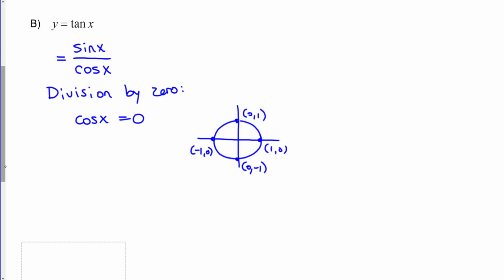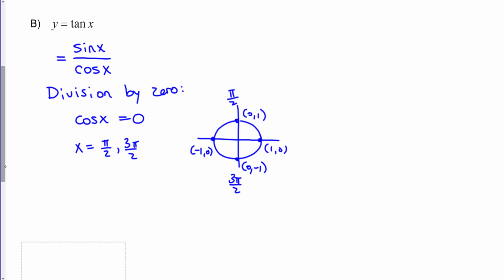So the points where cosine is 0 are the points where your x-coordinate on the unit circle is 0. So that's going to happen at pi over 2 and 3 pi over 2. But that's only in the range of 0 to 2 pi. There isn't really a restriction given to us on x at this particular point. So it really could be any multiple of pi over 2 or 3 pi over 2.